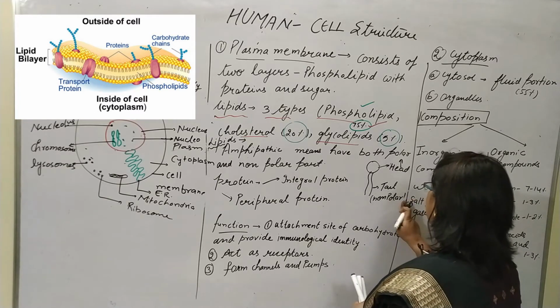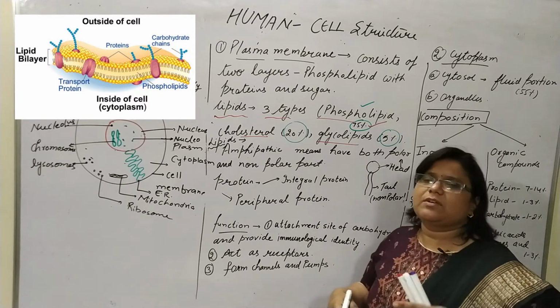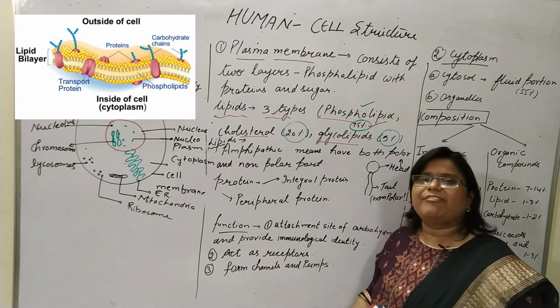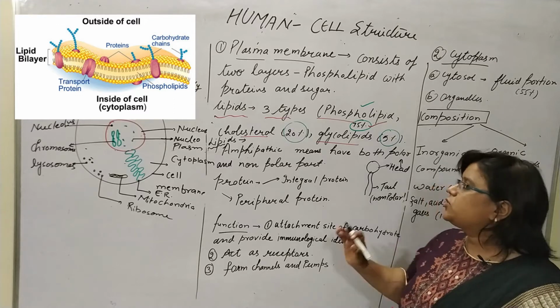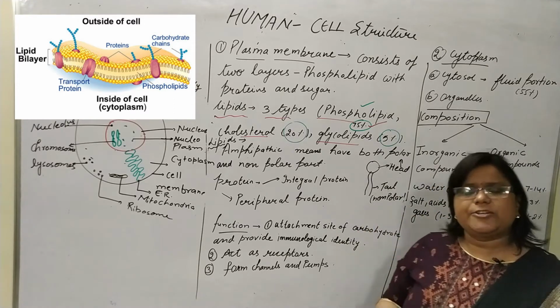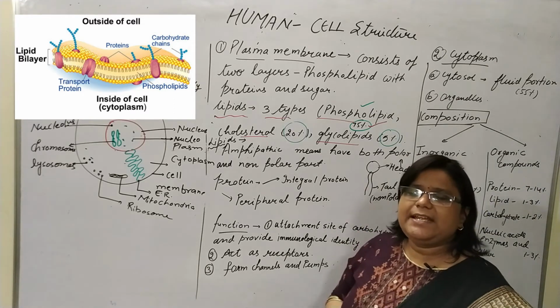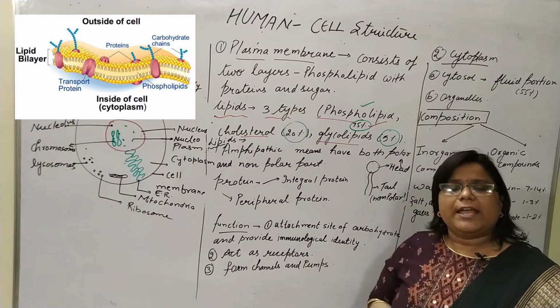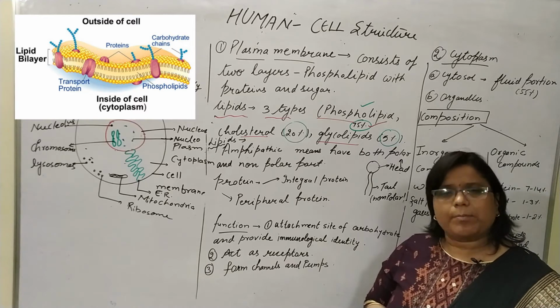The head is composed of phosphate groups and the tail is composed of fatty acid chains. The head is the hydrophilic part, the water-loving part, and the tail is the hydrophobic part, the water-hating part.